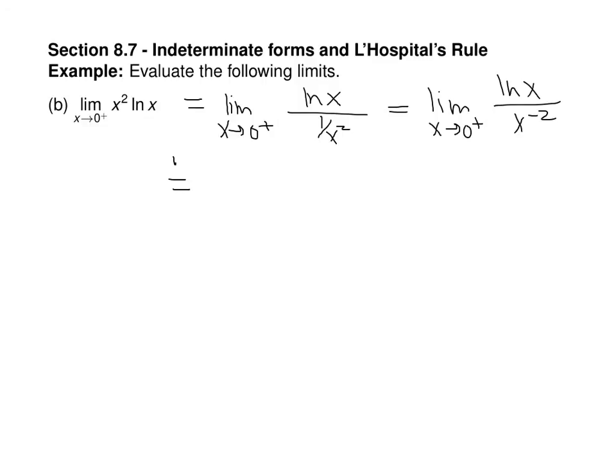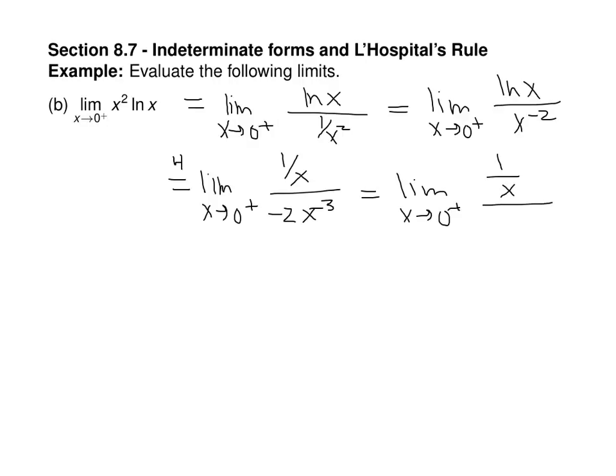So you apply L'Hopital's rule, and we get the limit as x goes to 0 plus of 1 over x over negative 2x to the negative 3. So that's the same thing as the limit as x goes to 0 plus of 1 over x divided by negative 2 over x cubed, which if you simplify becomes 1 over x multiplied by x cubed over negative 2.